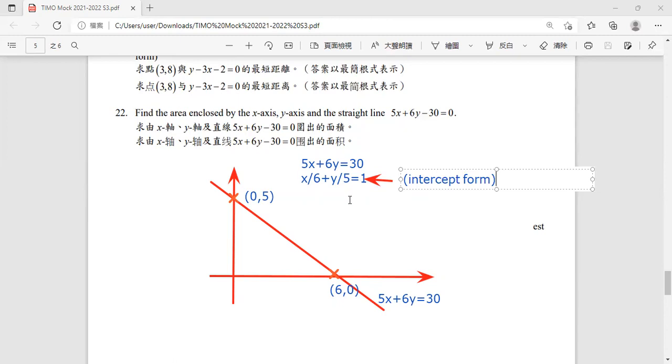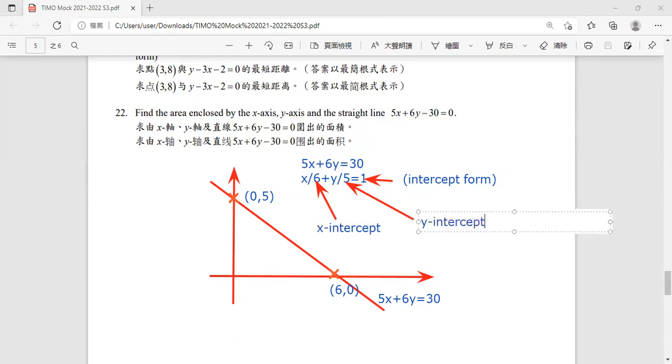This is the x-intercept and this is the y-intercept. So the area will be 6 times 5 over 2, which is 15. Finish. Any questions?